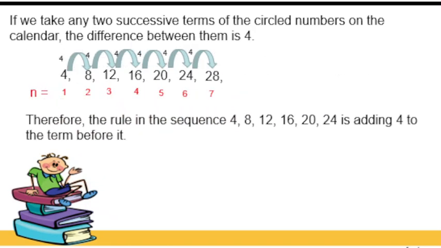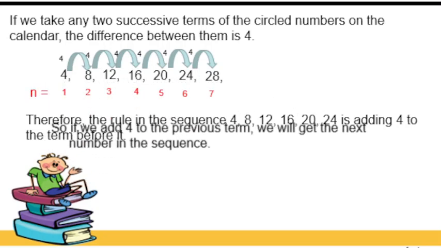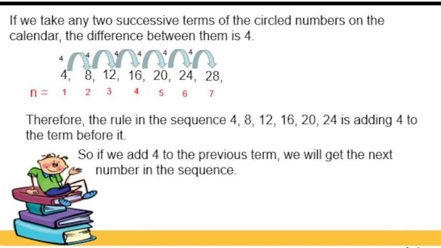Therefore, the rule in the sequence 4, 8, 12, 16, 20, 24, 28 is adding 4 to the term before it. So, if we add 4 to the previous term, we will get the next number in the sequence.